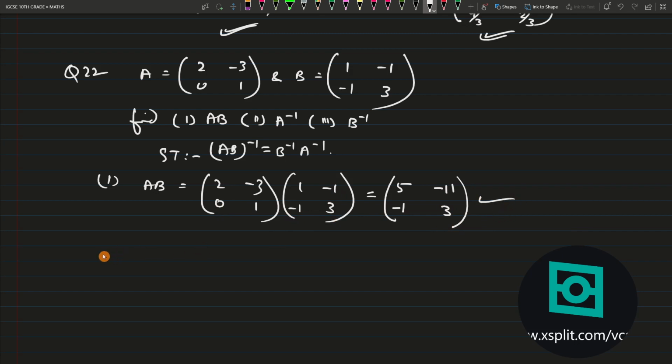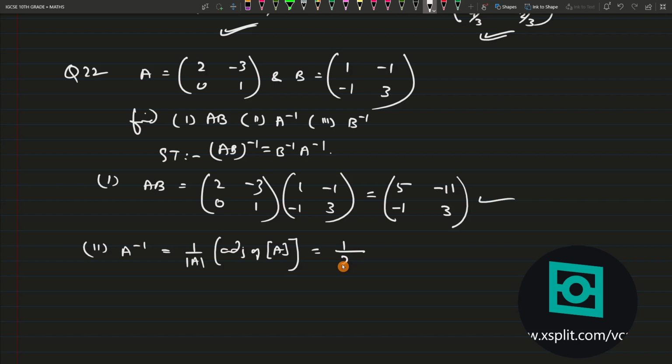Right? 2. Find out A inverse. So A inverse will be what? A inverse will be 1 upon determinant of A times adjoint of matrix A. That is equal to 1 upon, now determinant of A will be 2 ones are 2, minus 0.